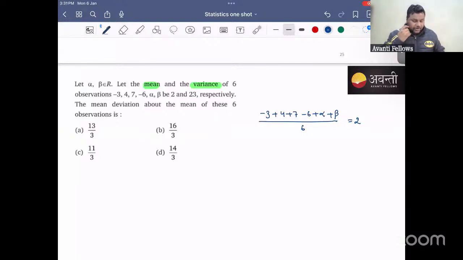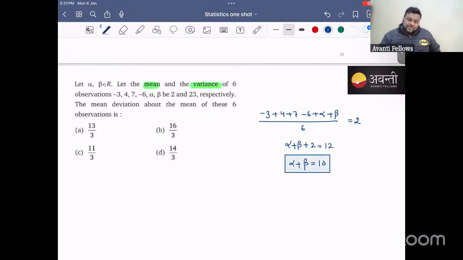Understood? So now it will be 7 and 4, 11, 6 and 3, 9. So alpha plus beta plus 2 is 12. So alpha plus beta is 10. First relation.